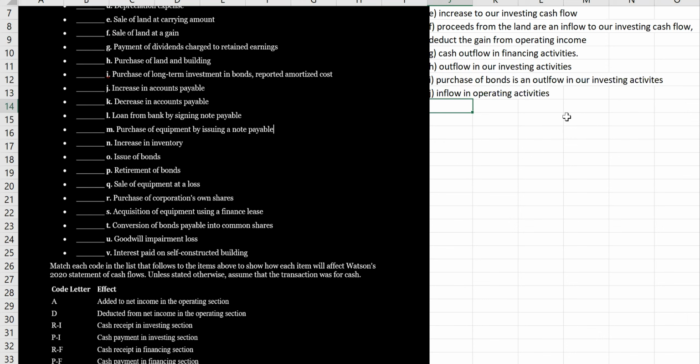Or add to net income, I guess. Okay, decrease in accounts payable. This is going to be an outflow in operating activities, or we're really subtracting it from net income. Okay, L is going to be loan from the bank by signing a note payable. This is going to be an inflow in our financing activities.